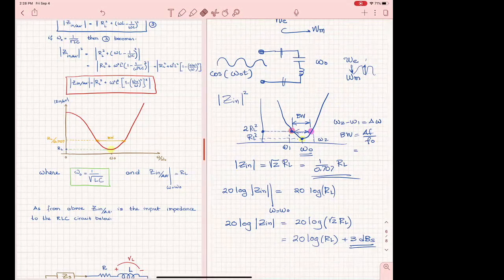But I will use omega since we don't want to go back and forth between omega and F. So 3 dB, that's why I like to go by 2, because it gives you 3 dB when you have the second power. Usually second power indicates power, and that's true. So in any case, the 3 dBs is what we always remember as the definition of the bandwidth. And that's why I did the other one.